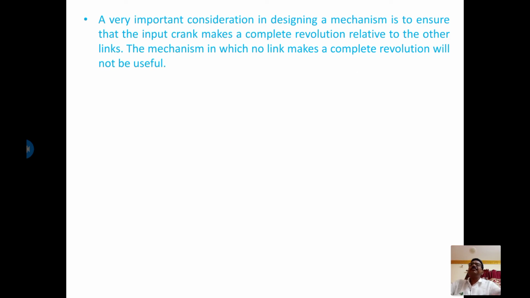A very important consideration in designing a mechanism is to ensure that the input crank makes a complete revolution relative to the other links. A mechanism in which no link makes a complete revolution will not be useful.